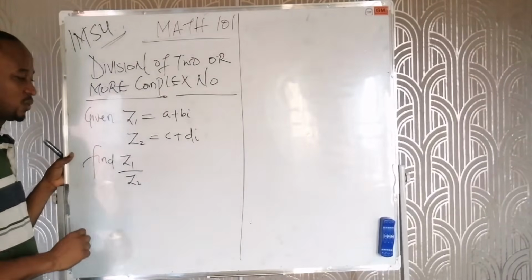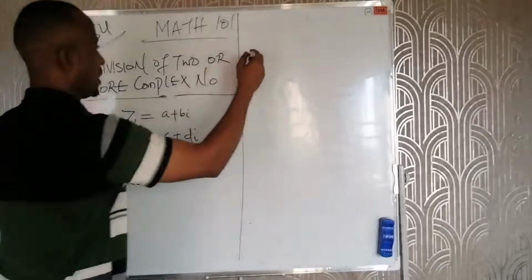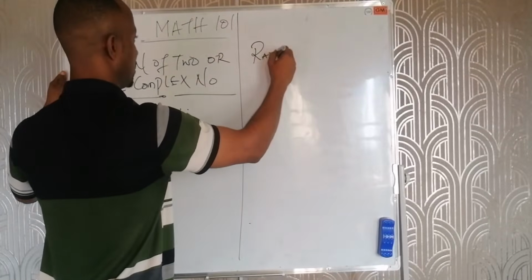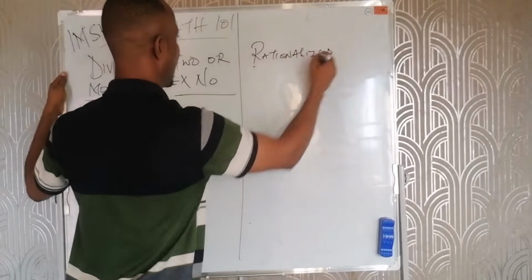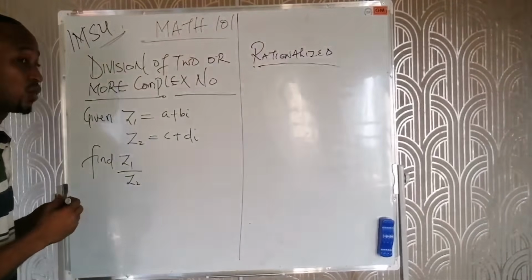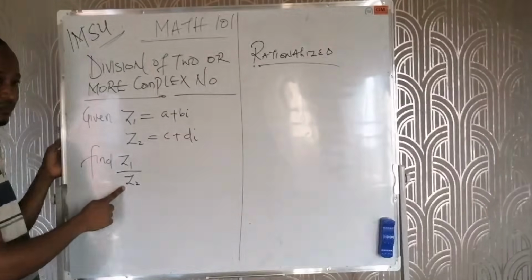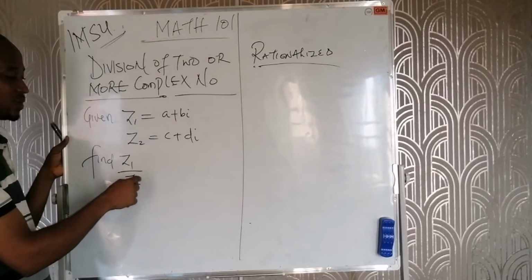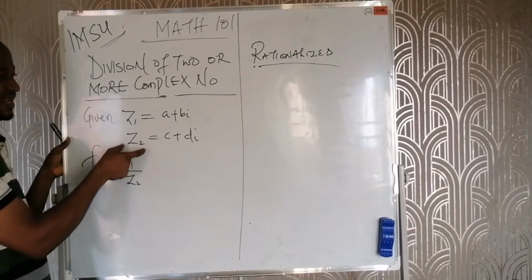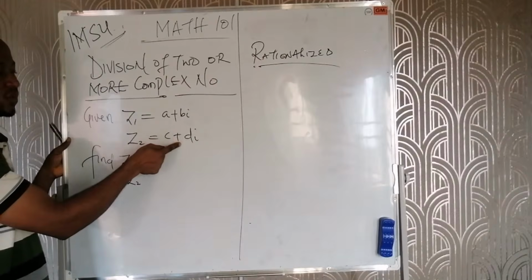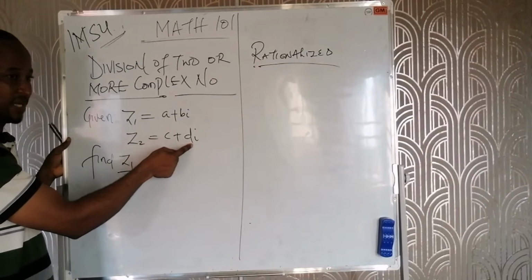So we have to rationalize. Rationalize simply means I multiply the numerator and the denominator by the conjugate of the denominator. The conjugate of Z2 is C minus DI.